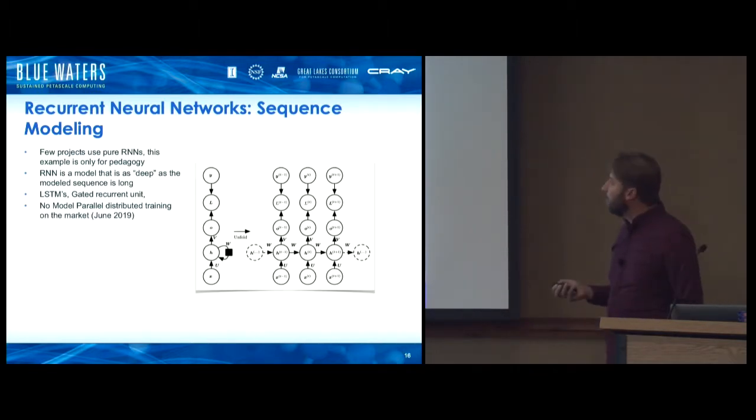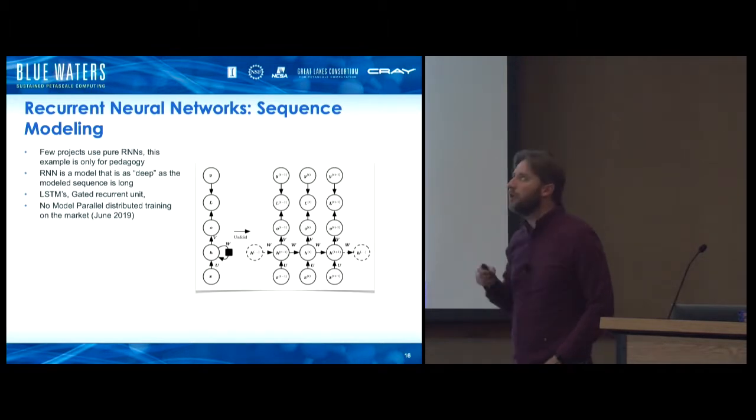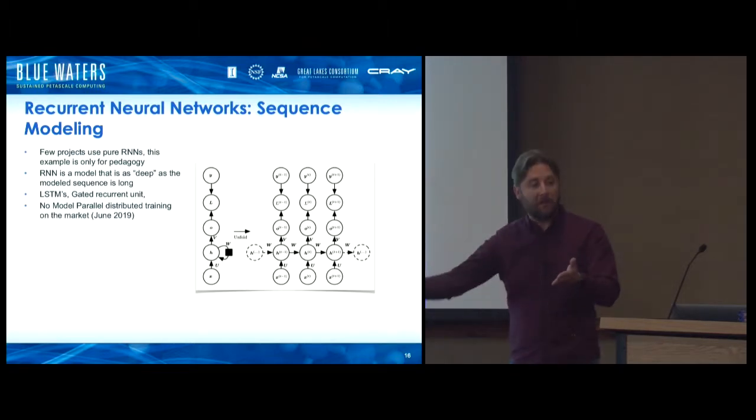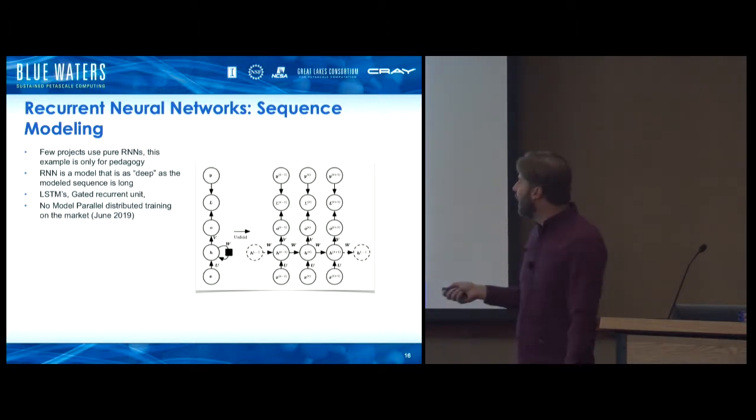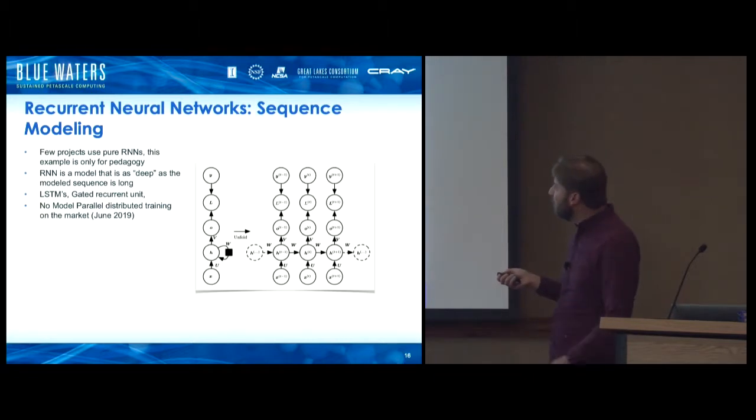So recurrent neural networks, just like neural networks, have this idea of you have your input data, you have a transformation, you have a nonlinear function, then you have another linear transformation after that. We've rearranged some of that.